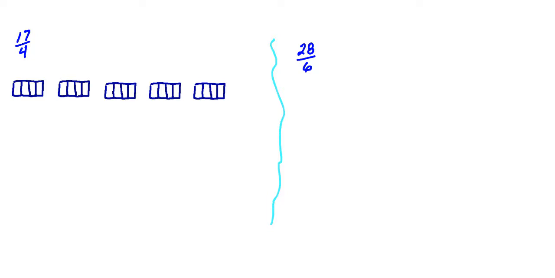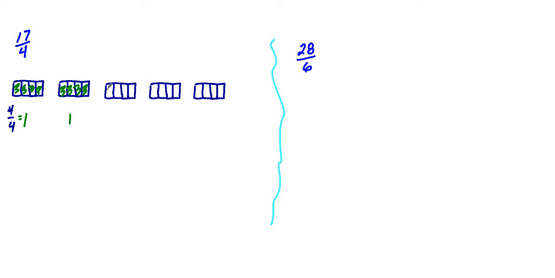All right, let's take a look at how you did. So here are my rectangles ready to go. Each of these is 4/4, and that 4/4 is equal to 1 whole. So 1, 2, 3, 4. Remember, my target is 17. So 1, 2, 3, 4, 5, 6, 7, 8.